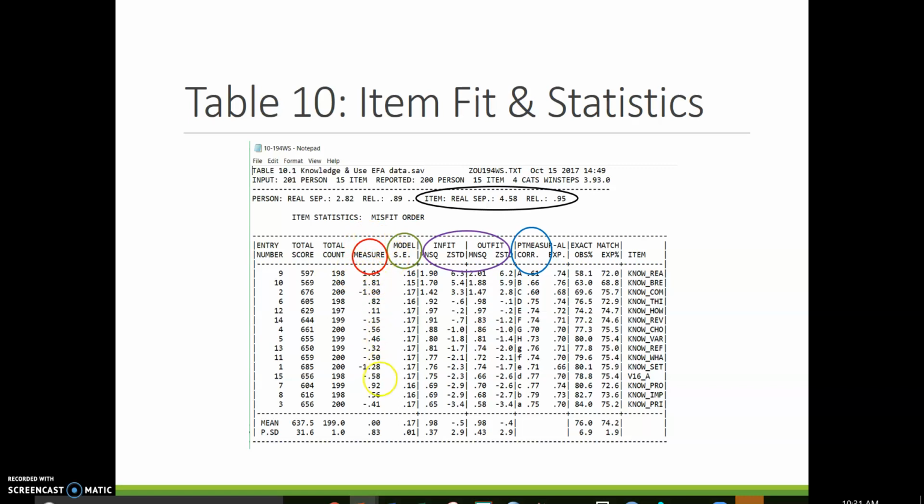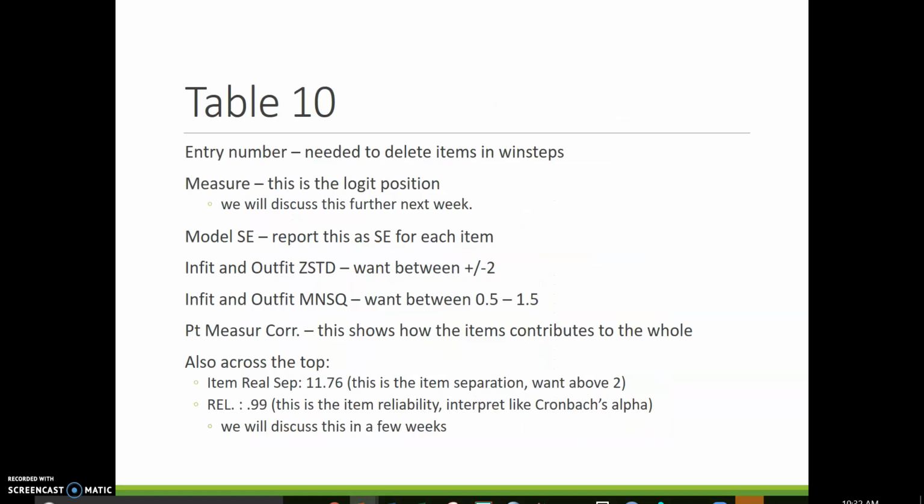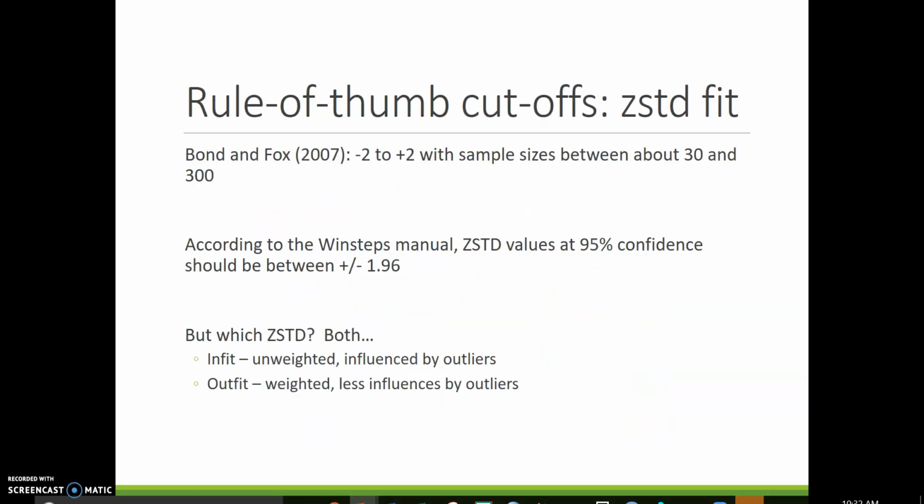We're going to come back to those when we talk about the ruler and the item person table, the Wright maps. Also, we get some reliability information that we've never seen before. This is actually separation of items and reliability of items. There's another one that has person reliability, which is all explained right there.